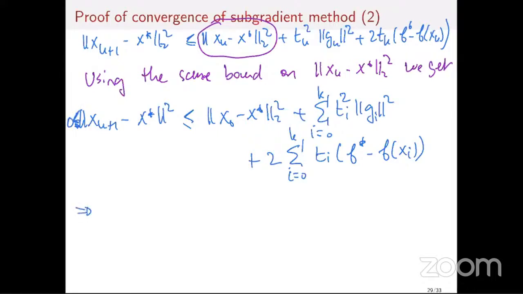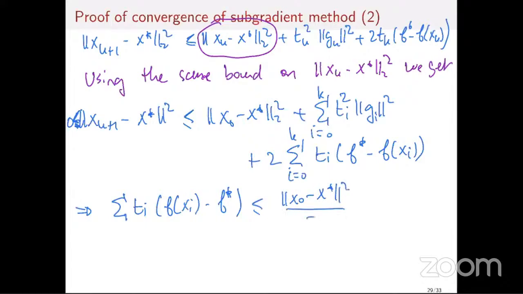This implies that the sum of ti times f of xi minus f star is less than the norm of x0 minus x star squared divided by 2 plus the sum of ti squared norm of gi squared divided by 2.